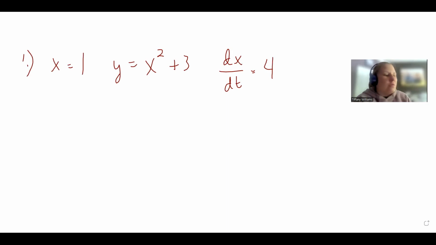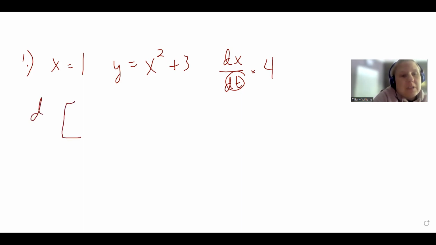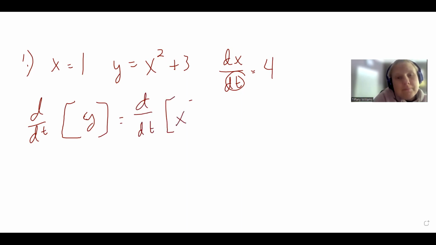So we want to make sure that we're taking the derivative first. Notice how this is in terms of dt. I'm taking the derivative with respect to t. So I'm going to take d/dt of both sides. I'm taking d/dt of y, because we're doing it with respect to time this go around, and I'm taking d/dt of this x squared plus 3.